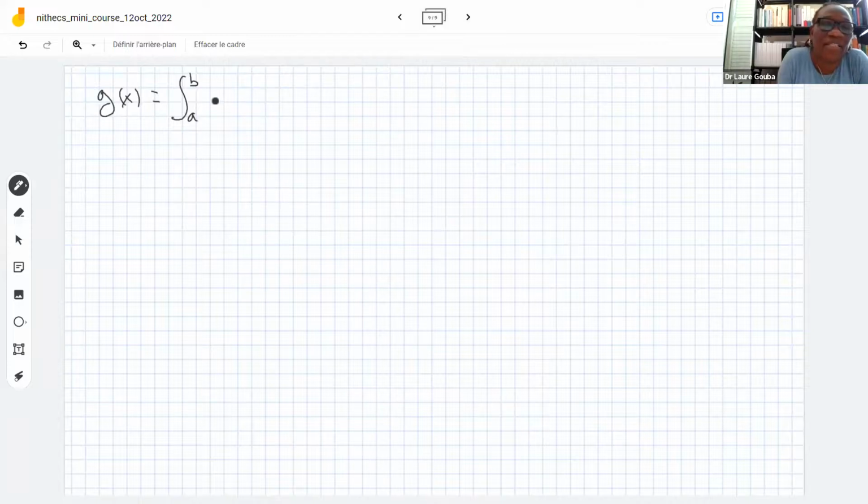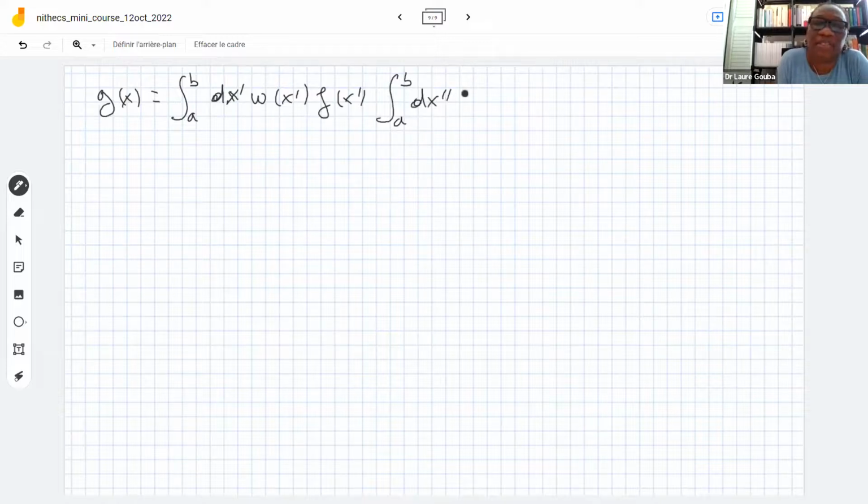Then I will have dx prime omega x prime f of x prime, integral a b dx second, delta x minus x second divided by omega x second. This replaces the inner product x second, omega x second, k x second x prime.